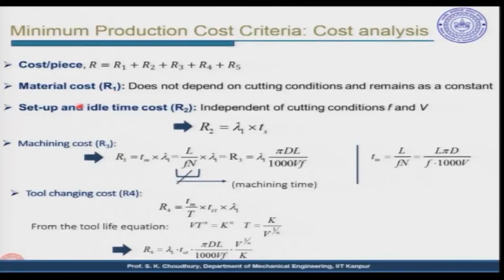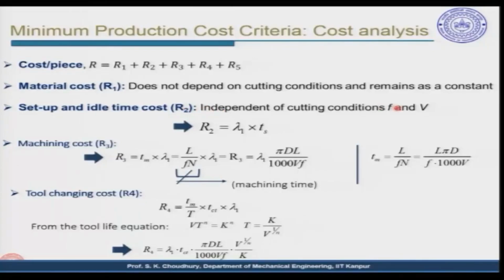Now, the setup and idle time cost is also independent of the cutting conditions, because whatever the cutting conditions, you will have a certain settling time and idle time, and we have to pay for that time. So, that cost is not dependent on the cutting conditions. By cutting conditions we mean cutting velocity, feed, depth of cut, etc.